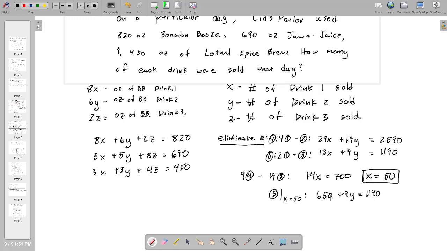And we solve for y. So 1190 minus 650 brings us to 540 equal to 9y. And if we divide by 9, we get that y is equal to 60.